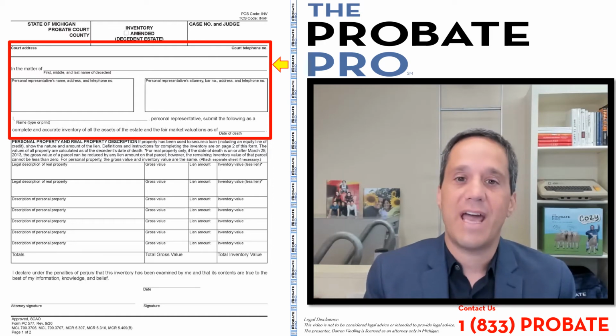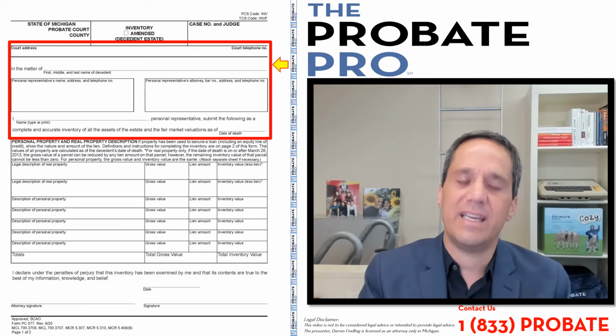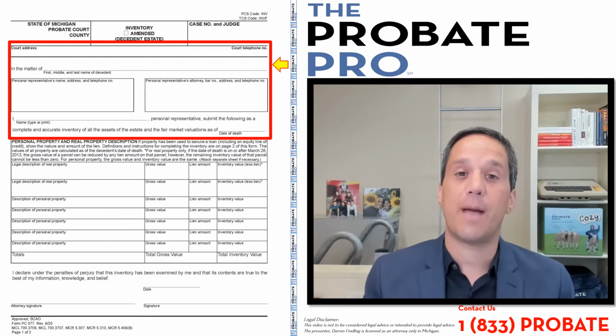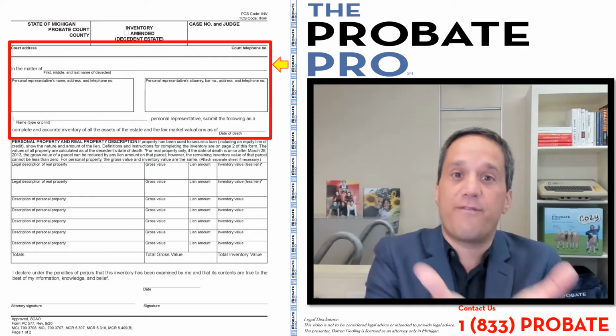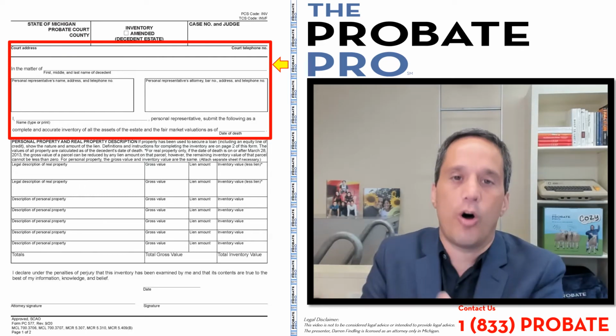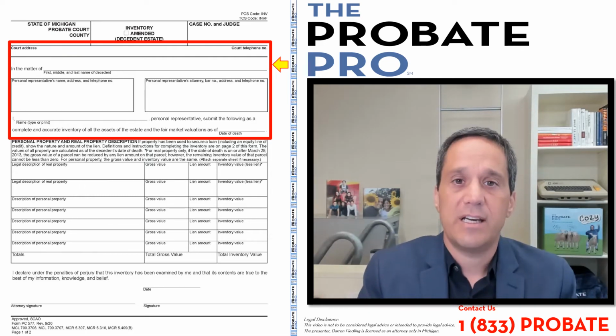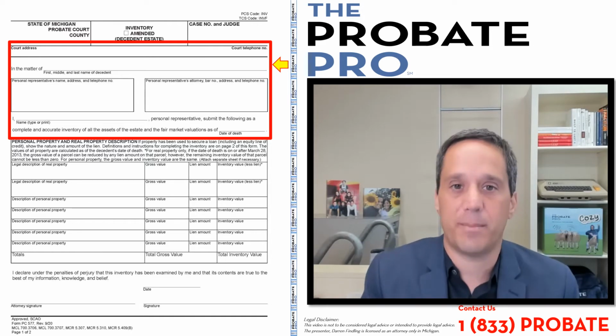And then, of course, assets that are titled outside of the decedent's name. The most common would be an asset that is in a trust. So, for example, if you do appropriate estate planning and you have identified that all your assets are funded, or you have funded all the assets into your trust, trust assets are not probatable assets.